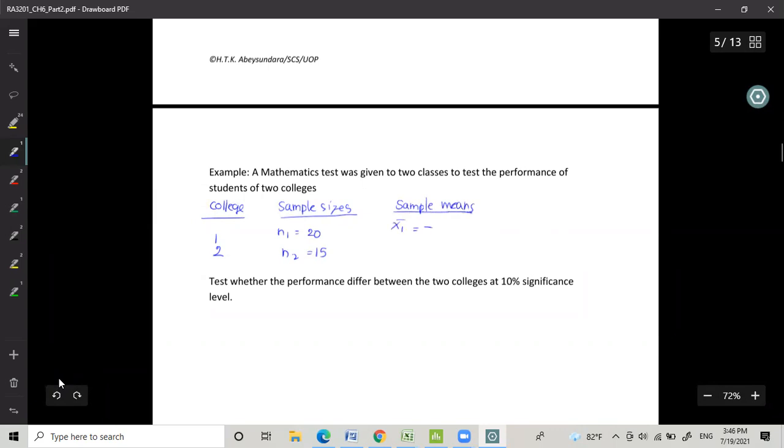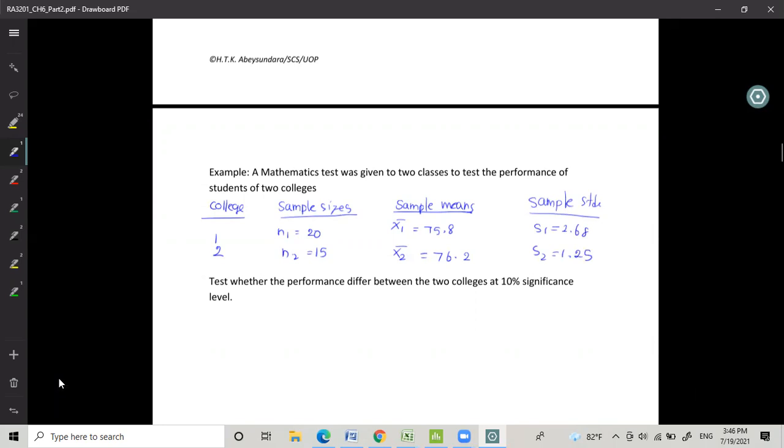X1 bar is 75.8 and X2 bar is 76.2, very close. And the sample standard deviations, S1 is 2.68, S2 is 1.25. Now there's a difference between the deviations. So now what do you have to do? Test whether the performance differs between the 2 colleges at 10% alpha level.